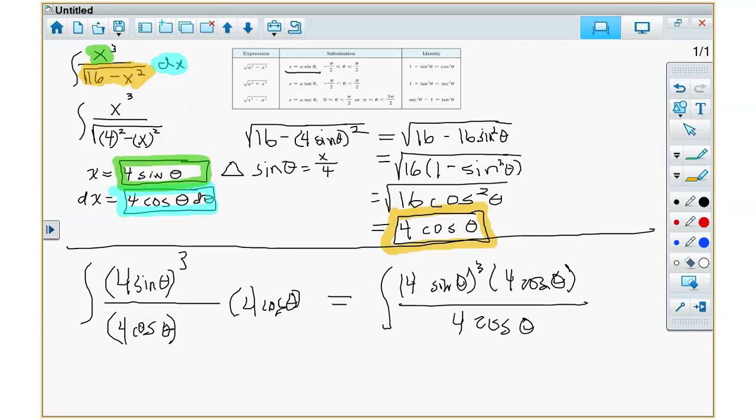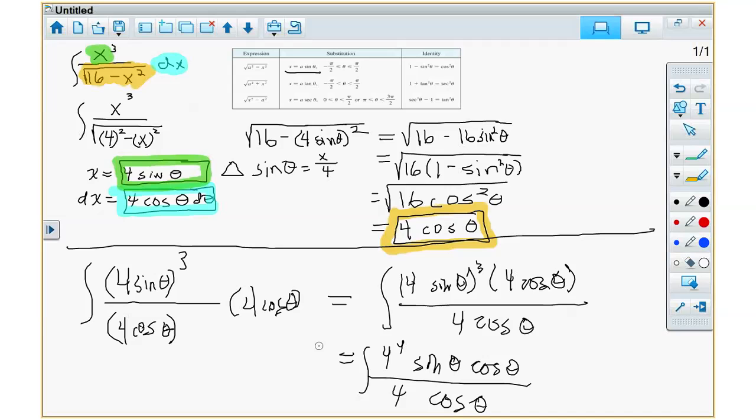Now some of you are already starting to see that you can actually cancel some stuff out. You've got 4 to the third, 4 to the first, that's 4 to the fourth, right? So that's going to be the antiderivative of 4 to the fourth sine cosine over 4 cosine theta.